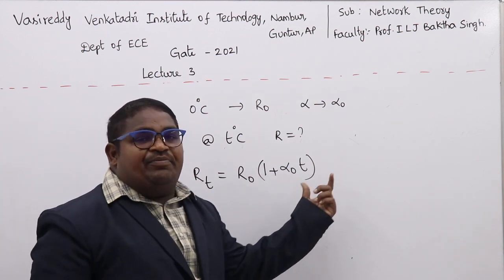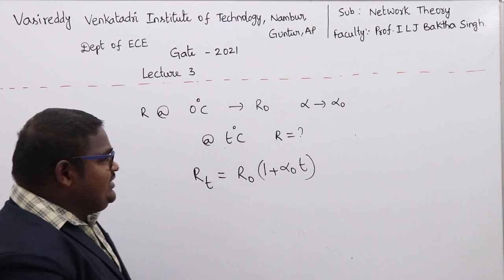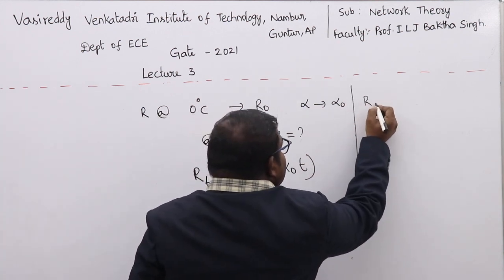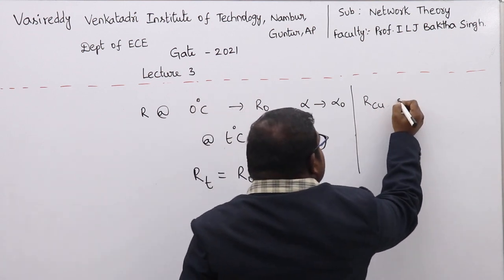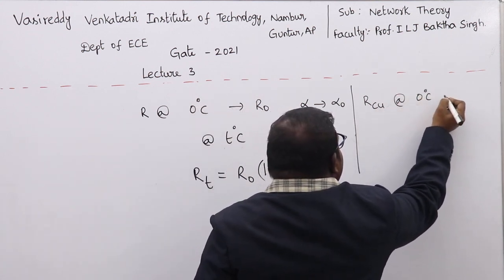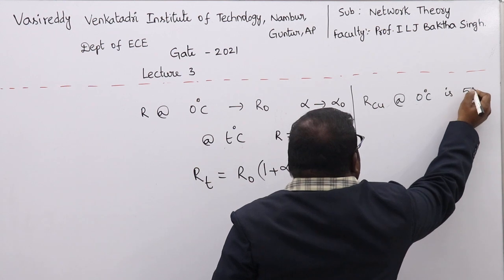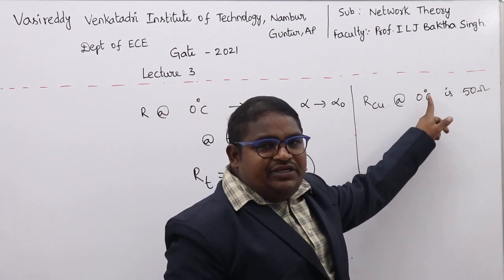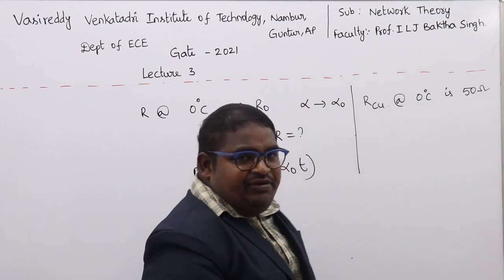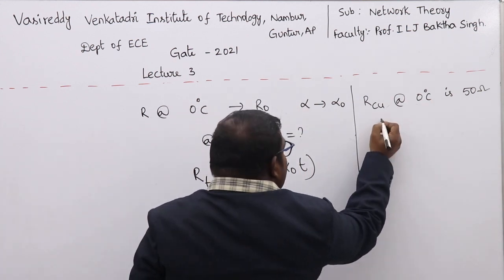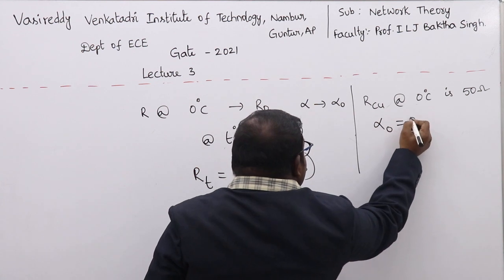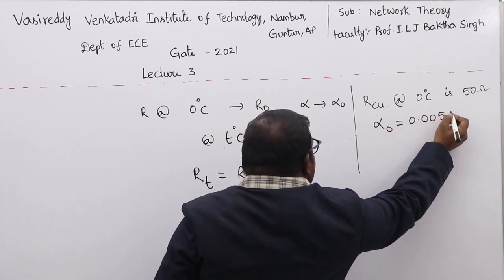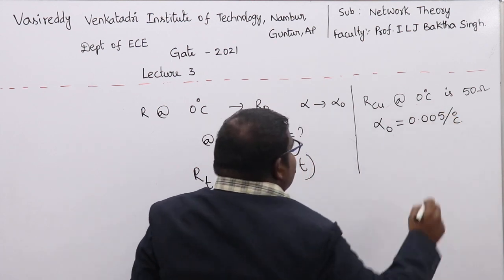Suppose, for example, one problem they have given. The resistance of copper at 0 degree centigrade is 50 ohms, and the temperature coefficient is 0.005 per degree centigrade.